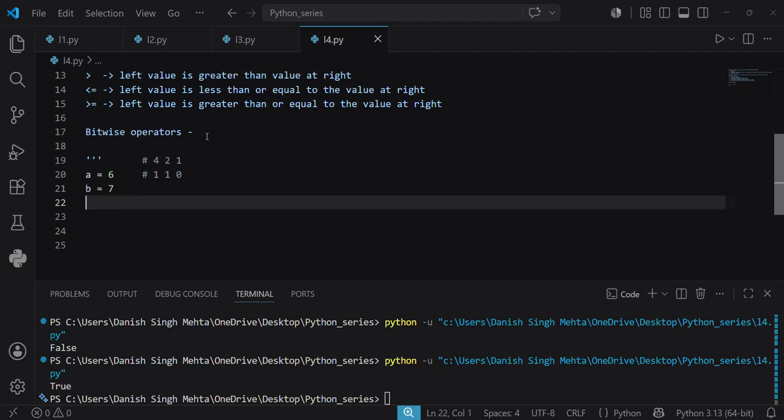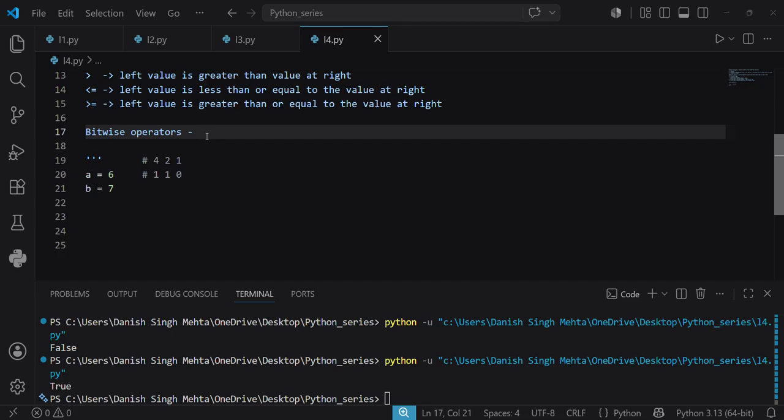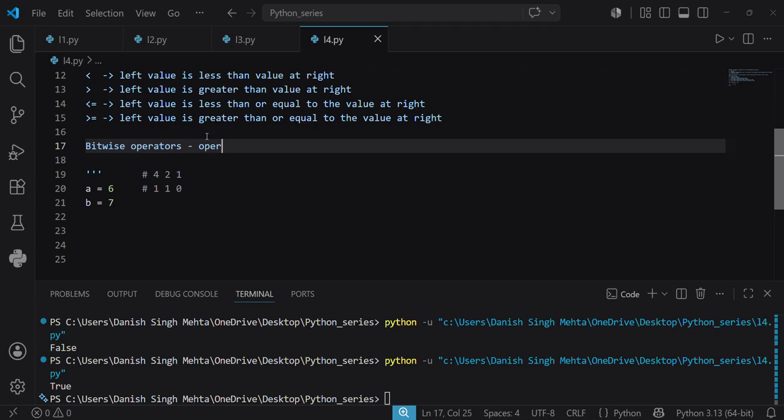So what are the bitwise operators? Operators that take one or two operands and operate on them bit by bit.